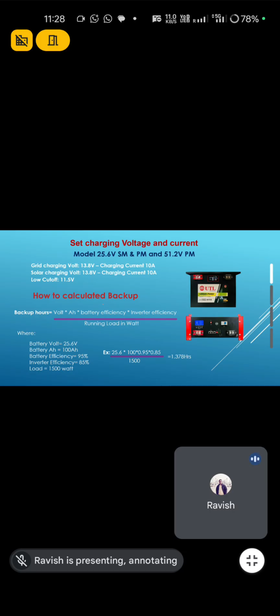If the customer uses a charger, you have to check the charging current and voltage in your charger. If you have a 25.6 volt SM model and PM model battery, and a 51.2 volt PM model battery, you have to set this charging voltage in your system. Take the screenshots.